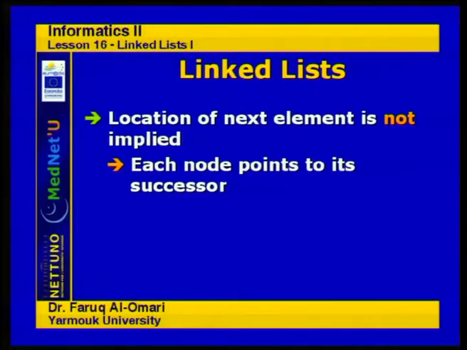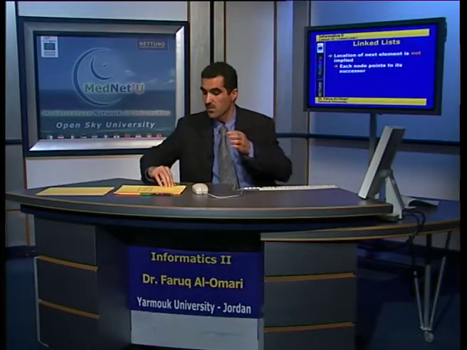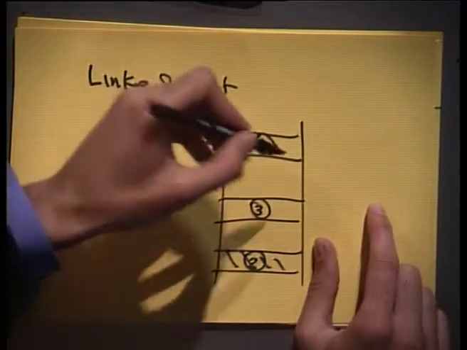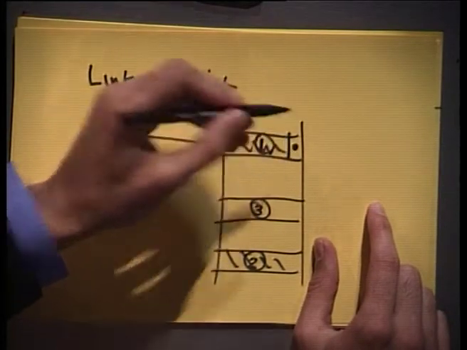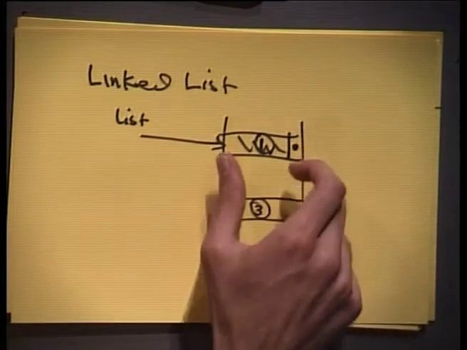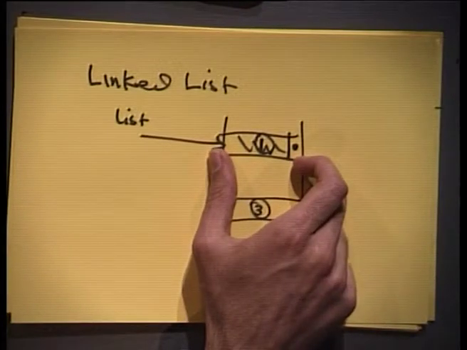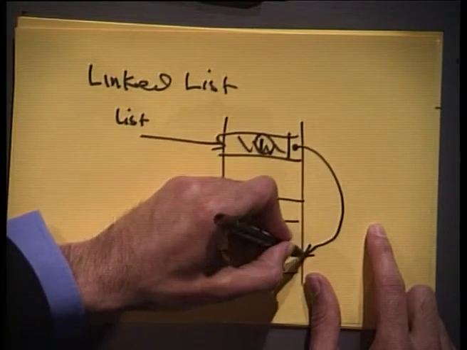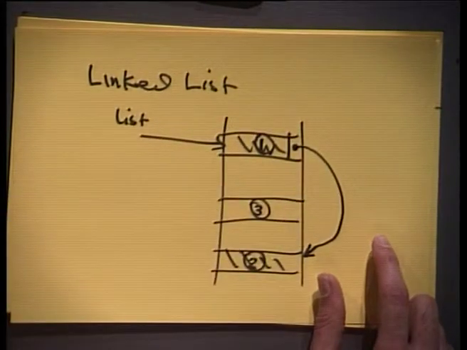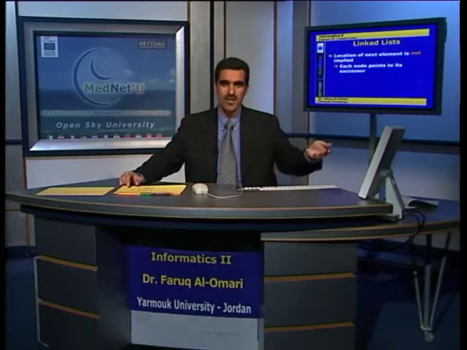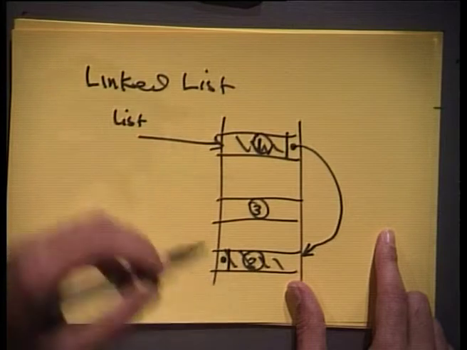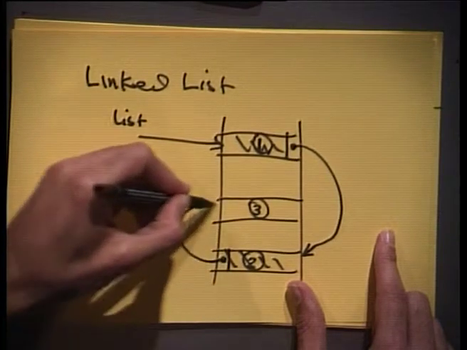Each node points to its successor. Well, that's excellent. How to do that? Well, this is the first node, as I said here. Basically, I'm going to reserve always at the very end of the structure defining this node a pointer which is going to point to where the second node is located. Okay? So it points to its successor. And then this one, at the very end of it, I'm going to have a pointer which is going to point to the third one.